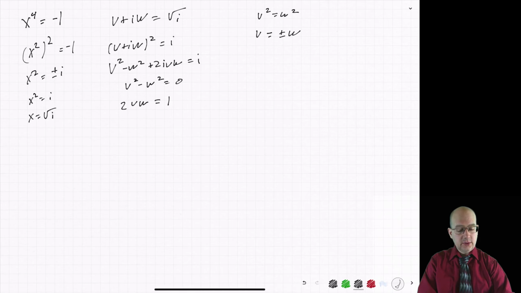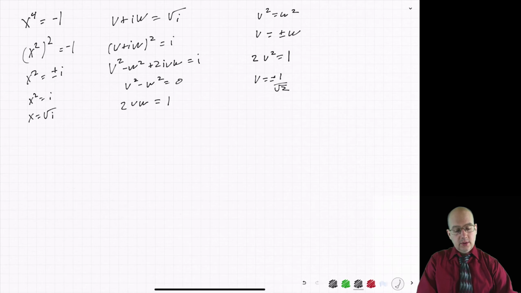And so you get 2v squared equals 1, maybe with some plus or minuses, but because v is supposed to be real, you can't take the negative of a square root, so we'll just go with the positive here, and so v is equal to plus or minus 1 over root 2.